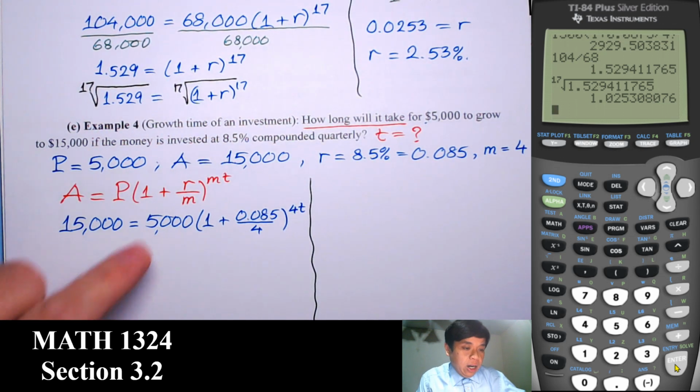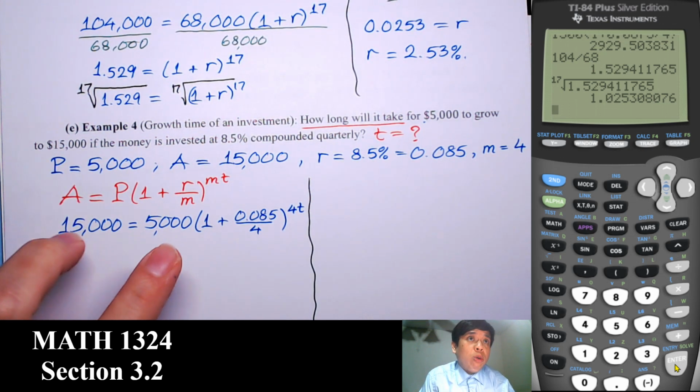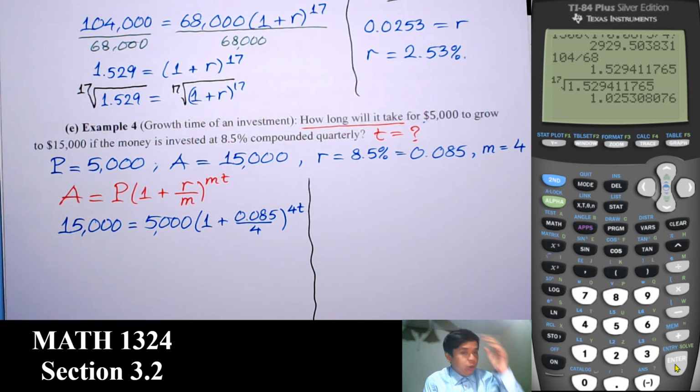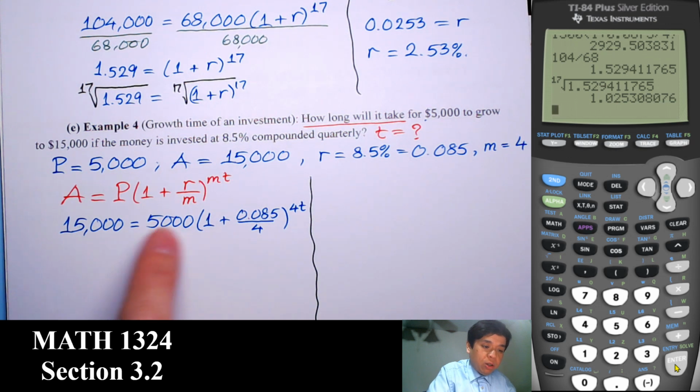Once again, usually for this problem, if we know the future value and the original amount, we just go ahead and divide to simplify to get that term by itself.